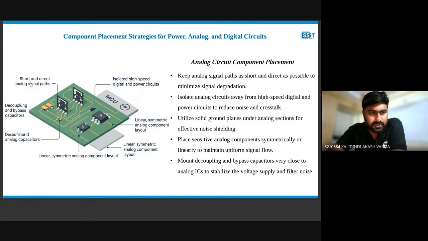Tracks should be as short as possible, and decoupling capacitors should be placed very close to the analog ICs. This is the key point for any design. For power circuits and analog circuits, we should place decoupling capacitors as close as possible, because the high frequency ripples will be filtered at the source itself, so they won't affect other signals. So there will be no chance of crosstalk. So this is about analog circuitry.